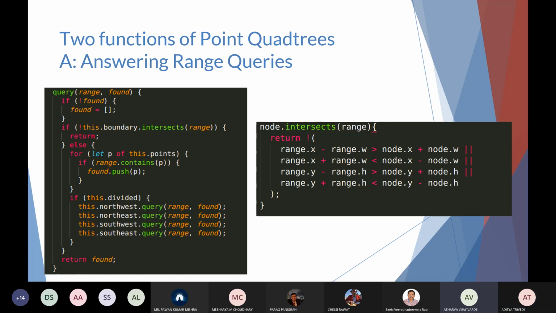If the current node intersects with our given range, we add the points lying inside our range to the found array, and then we recurse into the children of the current node. This continues recursively until there are no more intersections. We've implemented this actually, so we'll show it later.